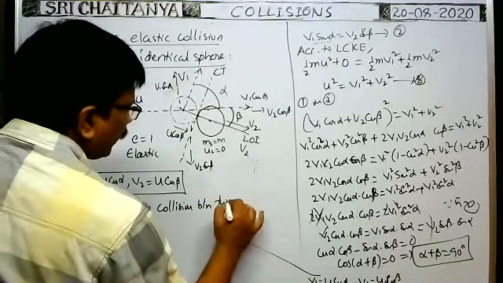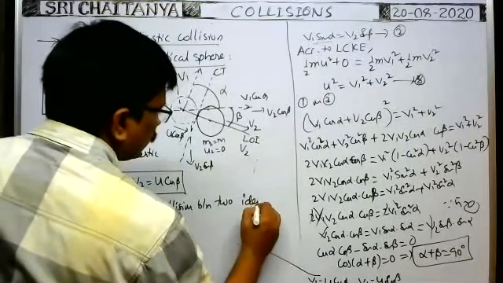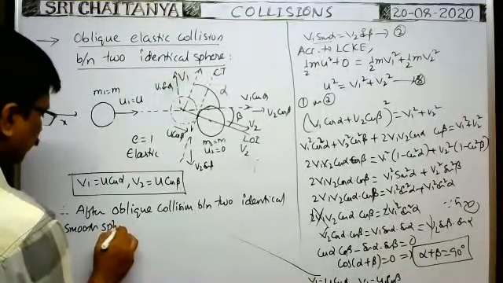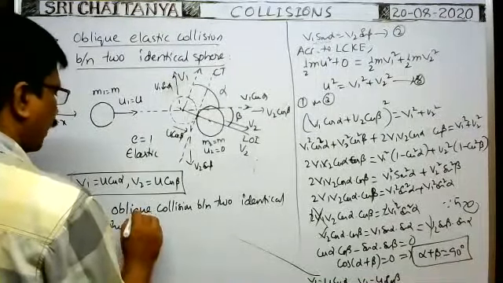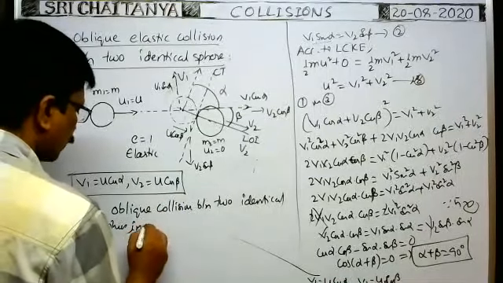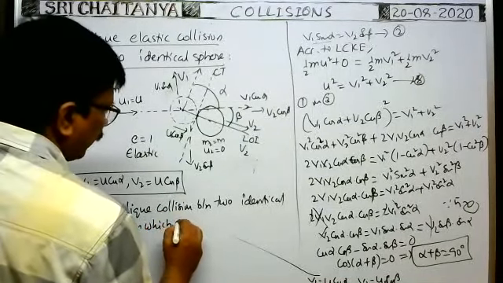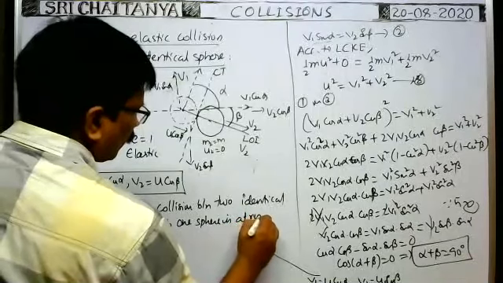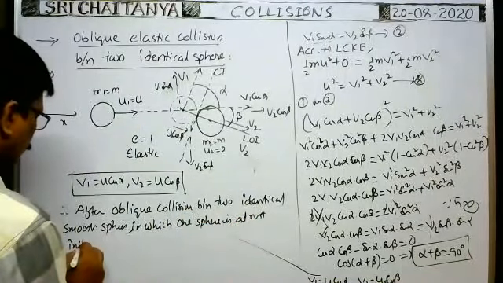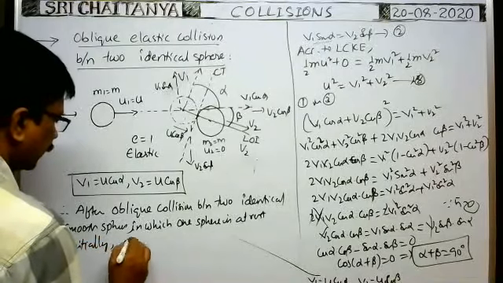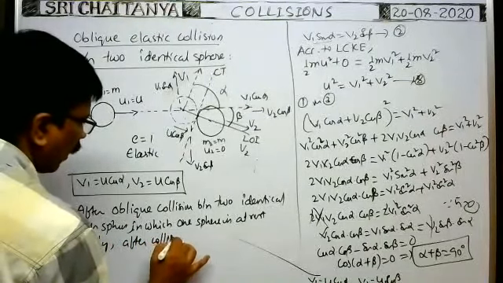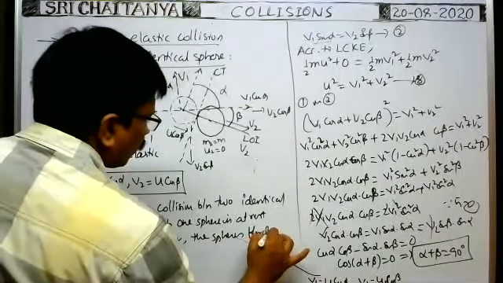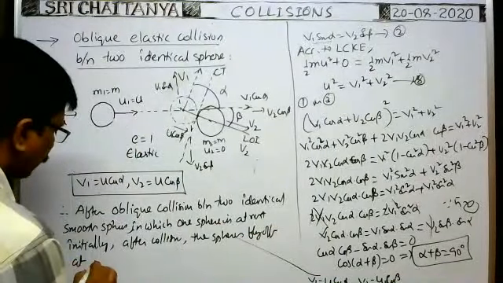Therefore, after oblique collision between two identical smooth spheres in which one sphere is at rest initially, then after collision the spheres fly off at right angles to each other, or perpendicular to each other.